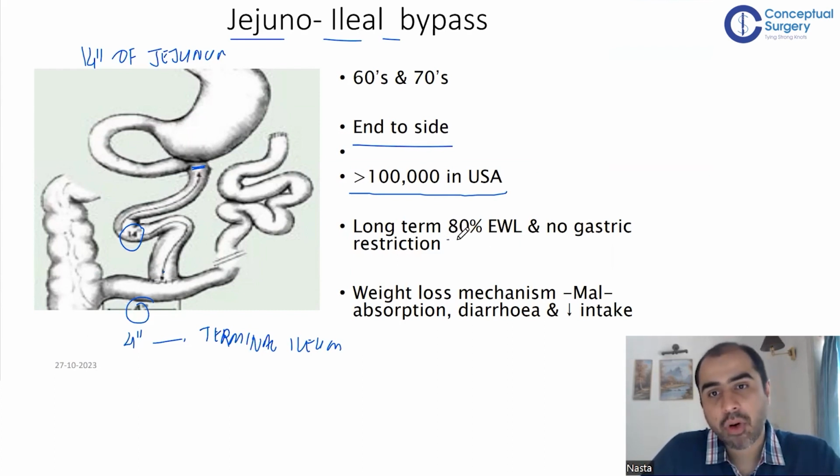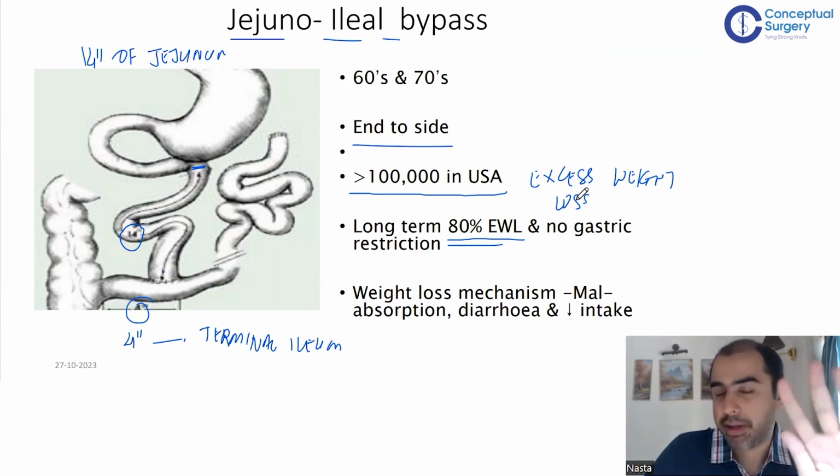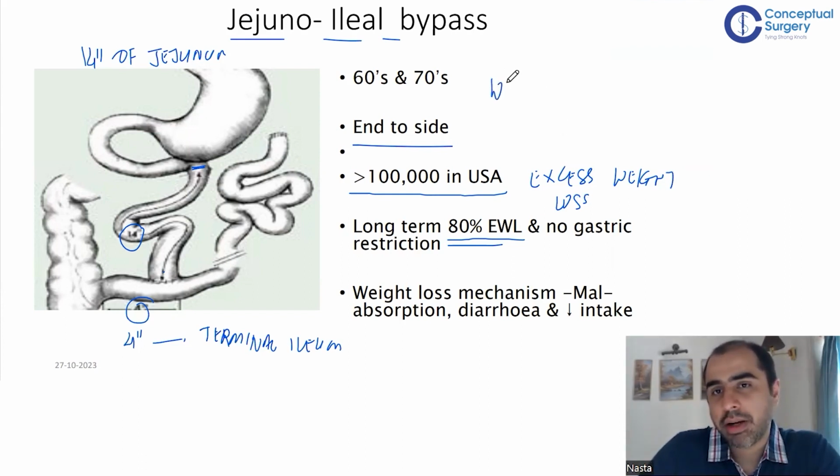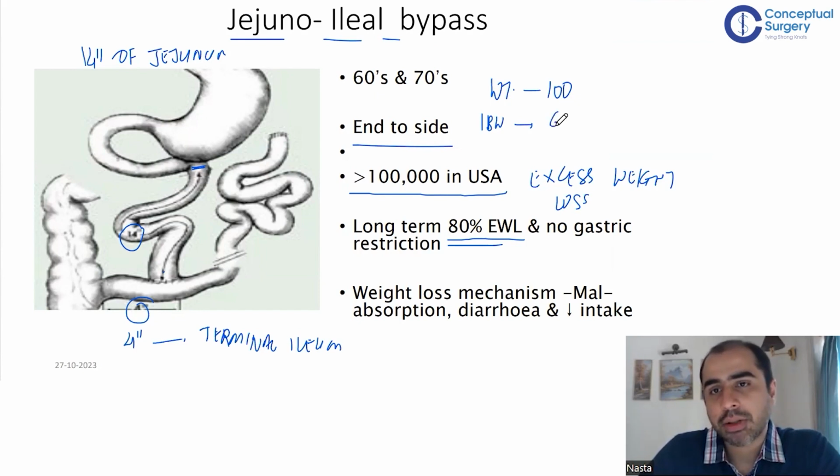And they would give a lot of weight loss, 80% excess weight loss. Excess weight loss means, let's say my weight is 100 kilos, and for my height, my weight should be 60 kilos. So my weight currently is 100 kilos, but my ideal body weight, which is defined by your height, is 60 kilos.